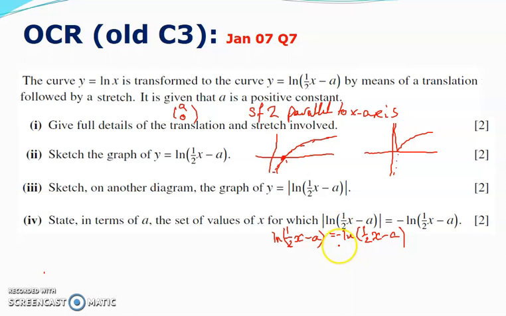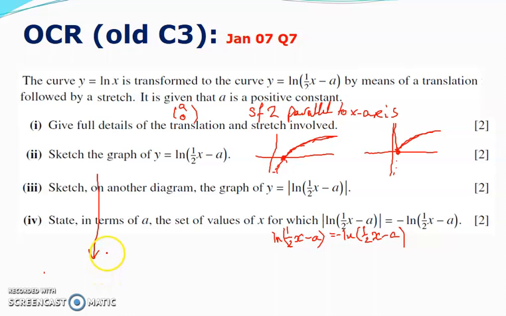Now, if it's the positive version, not much happens really. I'm just wondering if I'm meant to not try to solve it like this. They're saying, when does this graph equal this graph? And I actually think all the way along there, those two graphs are the same. And I think that's really what I'm meant to say. The one thing I haven't yet worked out is where that point is. I'm going to do it now.